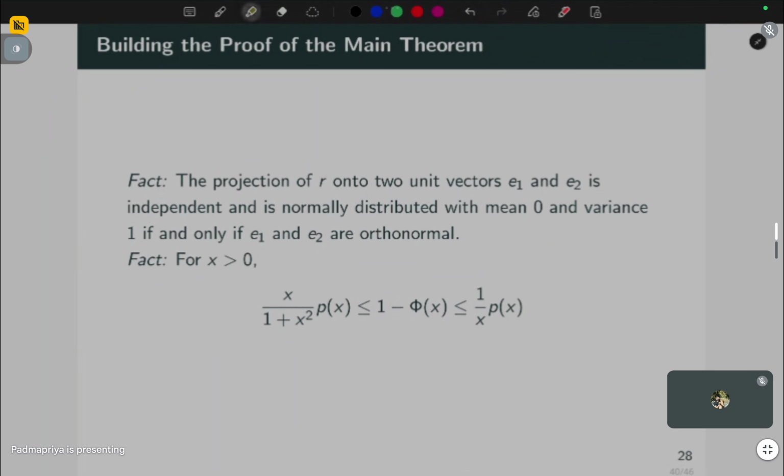These facts I won't be proving because I thought I won't have time, and you can look up for these things. This fact is the projection of R, which is our Gaussianly distributed vector, onto two unit vectors E1 and E2.